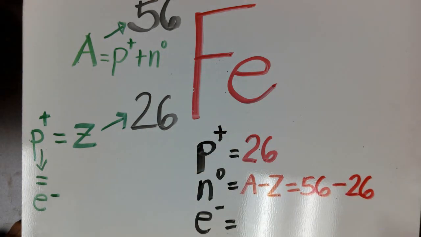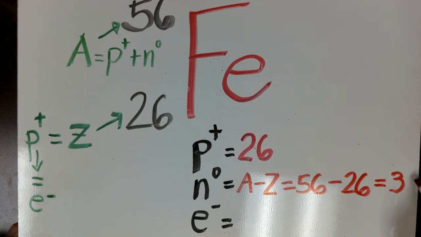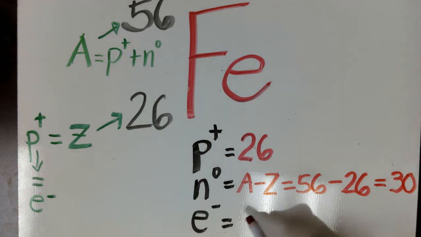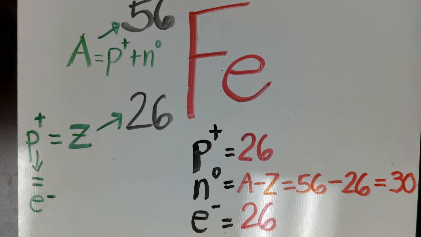So 56 minus 26, I get 30 neutrons for this iron here. And then for my electrons, I know that the electrons is just equal to the protons, which is 26. So I can just readily write 26.